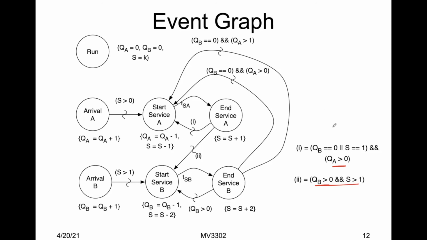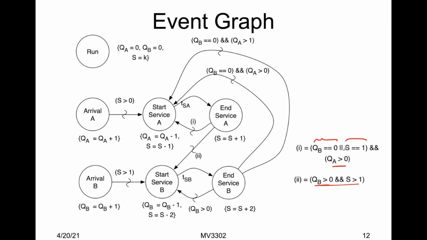So under what conditions would we not be able to start service on a B when we finish service on an A? Well, one would be if there's no B work available, if there's no B waiting. So that would be one. Another would be if there's no other guy to help us.